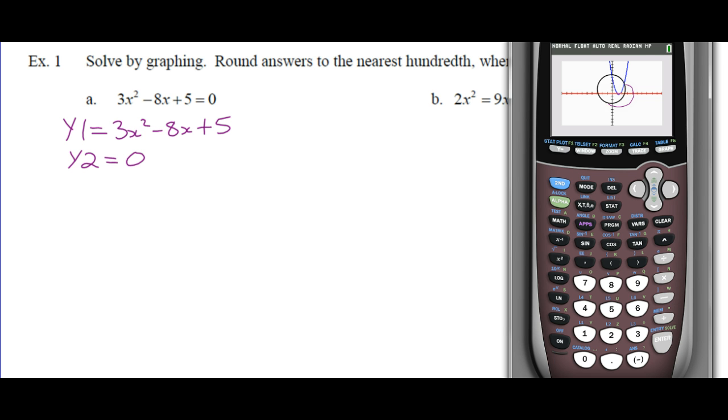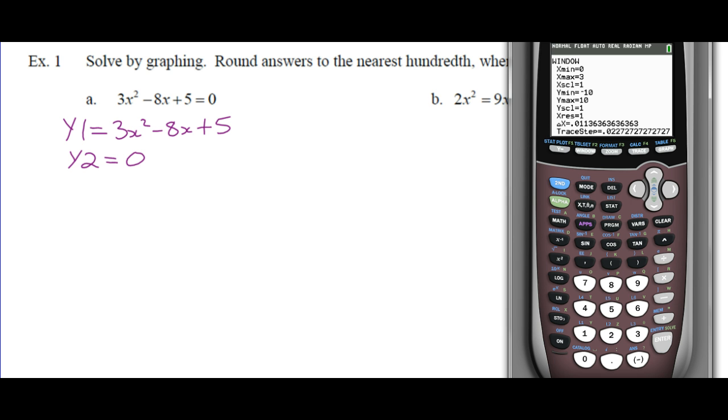So let's adjust our window. And say, well, let's go for, this looks like about what, 1? So let's go maybe 0 to 3, and let's go from, say, negative 1 to whatever, let's say. So let's go from 0 to 3 for my x's. 3. And the x scale, I'm just going to leave it 1.